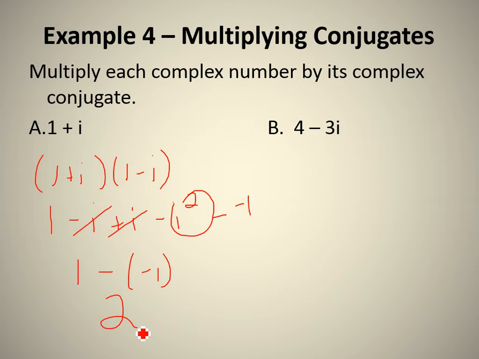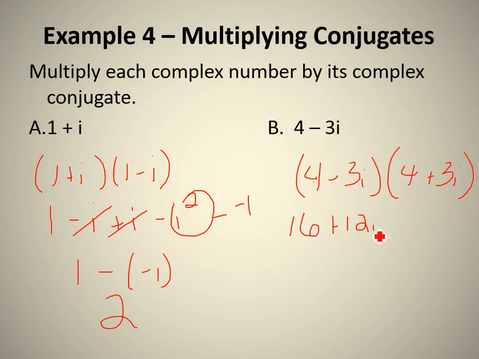For part B, I have 4 minus 3i, and the complex conjugate of that would be 4 plus 3i. So when I FOIL this, 4 times 4 is 16, 4 times 3i is positive 12i, negative 3i times 4 is negative 12i, so just notice your middles are going to cancel there. And then when I do negative 3i times positive 3i, I get minus 9i squared there.